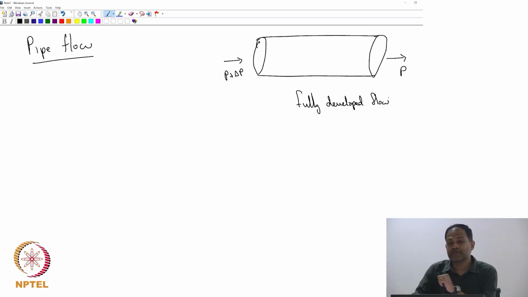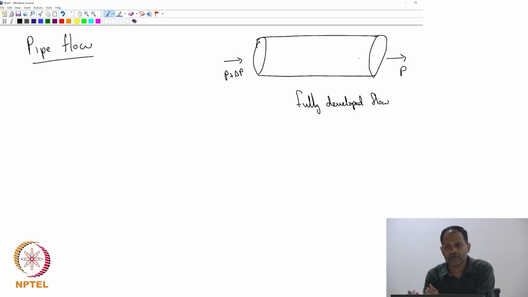As we said that day, the moment the fluid enters here, there will be an entrance region where the flow is developing. That means if I am going along the pipe axis, I would see that at every point the flow is changing, but beyond a point the flow doesn't change, and that's what we termed as fully developed flow.